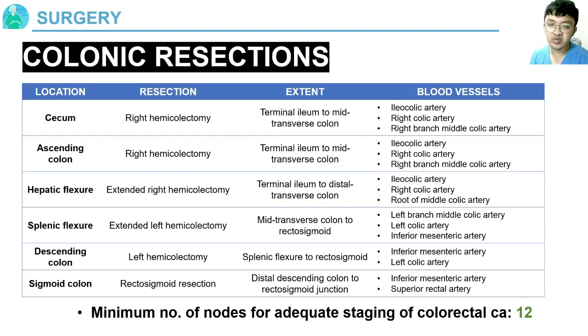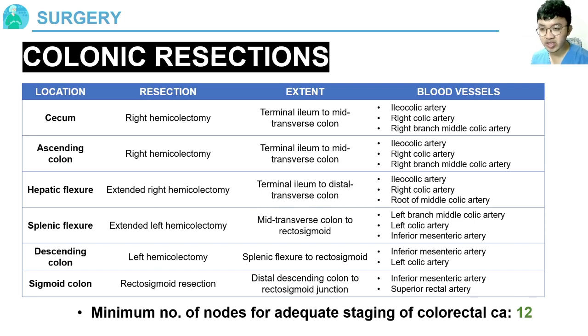Okay. It's important to be familiar with these colonic resections because there are some questions which give you the type of colonic resection, or they're going to give you the location of the cancer, and they're going to ask what blood vessel you want to ligate in this type of colonic resection.